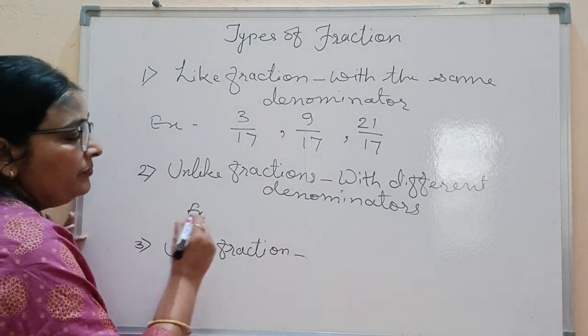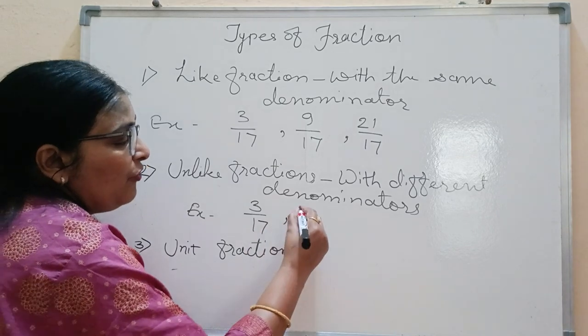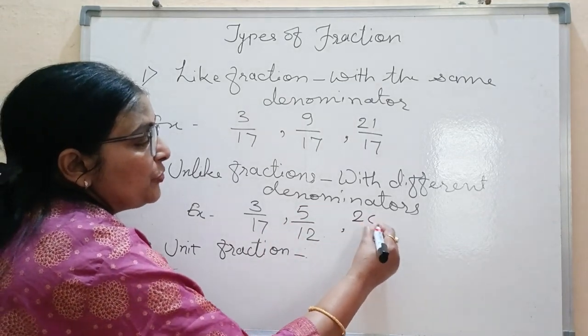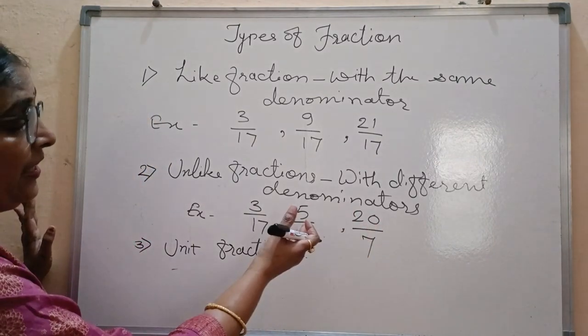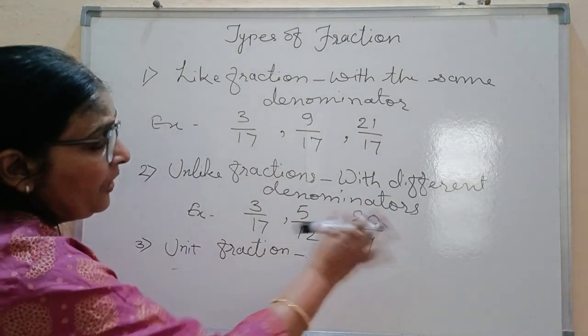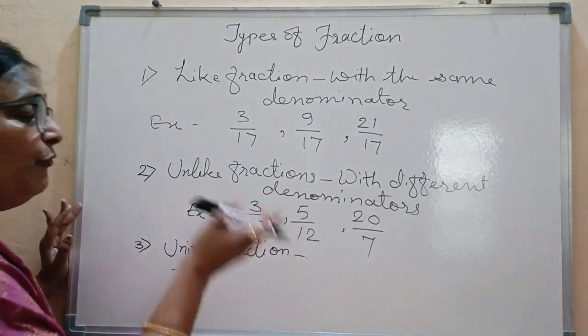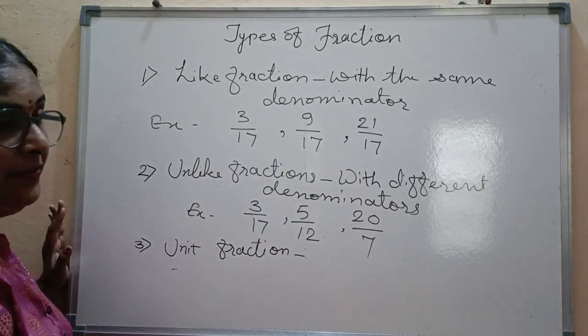Example: 3 by 17, 5 by 12, 20 by 7. You can see in all these fractions the denominators are different, and therefore these fractions are called unlike fractions.